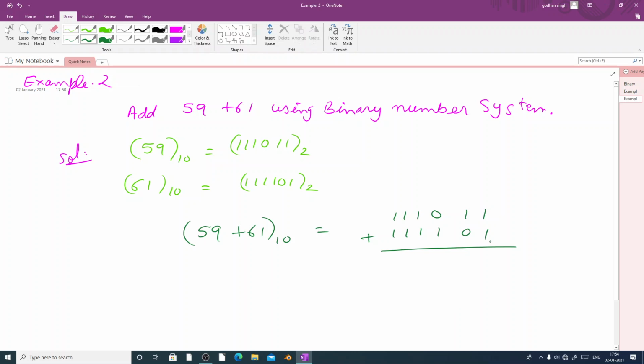Now we'll use the rules which we have learned. 1 plus 1, that is how much? 10. So 0 will come here and 1 will be carried from here. Now 1 plus 1 you add here, because here we cannot write two digits, we'll write only one digit, and that 1 will be carried over. So 1 was already there and 1 more is this. 1 plus 1 is, we know, 10. So 0 will come here and 1 will be carried from here.